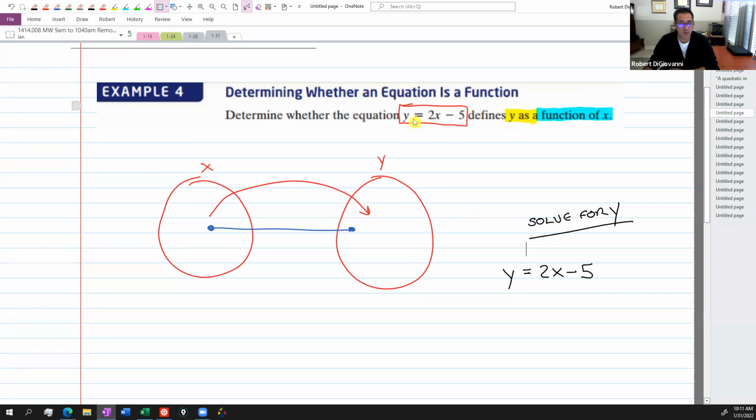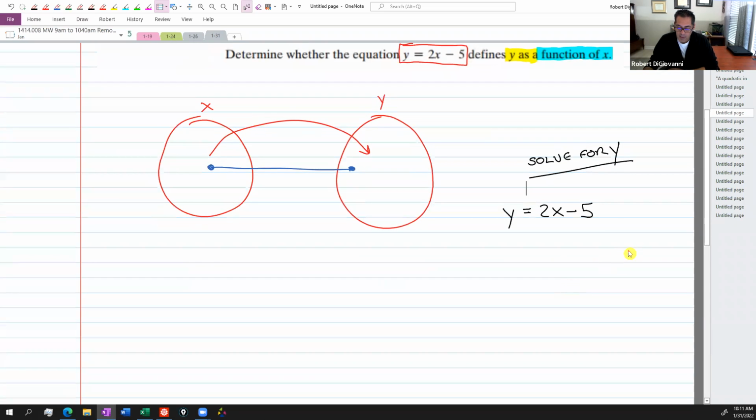The equation's already solved for Y. And if we look at this equation, then if I plug in a value of x, anything you think of, 2, 5, -1, -10, 0, any number you plug in, do you agree that you're going to get just a single number to come out? Just one answer will come out. Y'all agree with that?